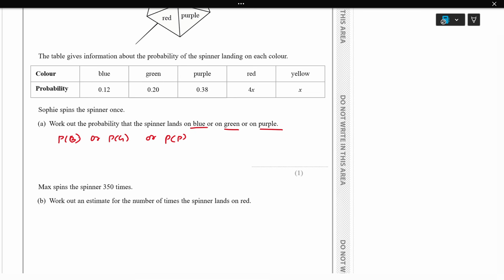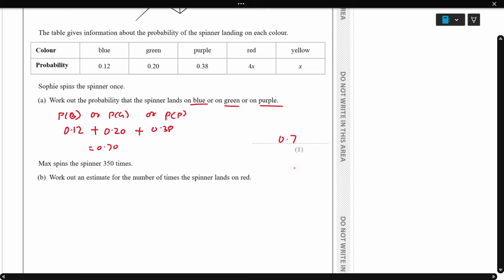Blue is 0.12, plus green which is 0.20, plus purple which is 0.38. When you add up, we'll get 0.70. So the answer is 0.7.